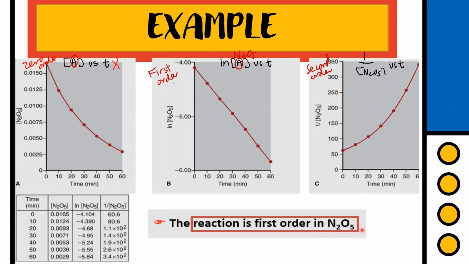So this is how you do it. If the question asks you to find the order of reaction by using the linear graph method, you need to know which one is the correct one. Like I mentioned before, it's trial and error. So maybe at this moment, you already panic.